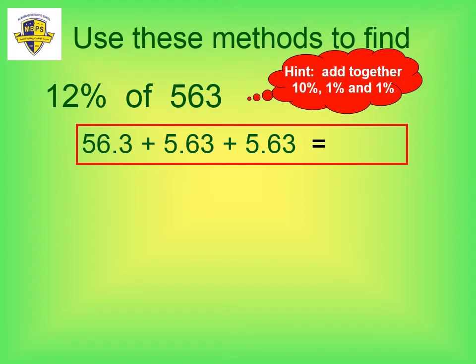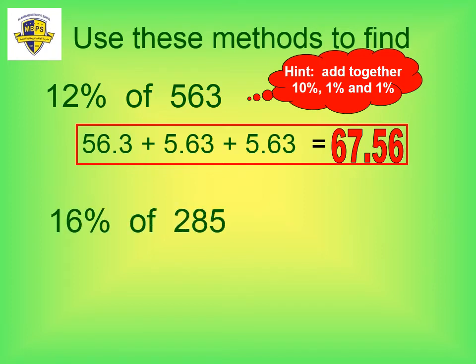And 1% is 5.63, because we divide by 100, and when we divide by 100, we shift the decimal point 2 digits to the left, so the answer will be 5.63. And 12 has 2 ones, so we add 5.63 2 times. The answer will be, after adding these numbers, 67.56.